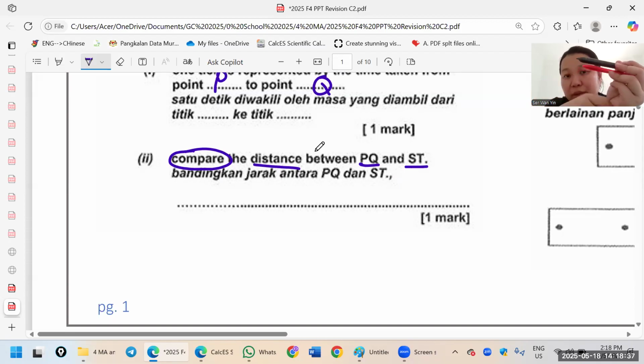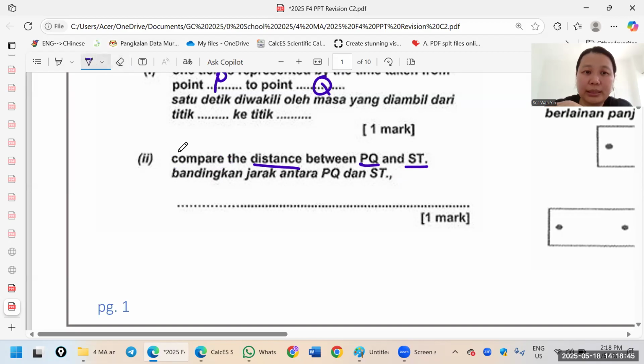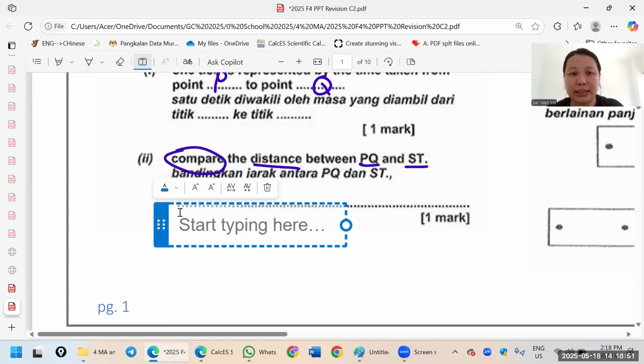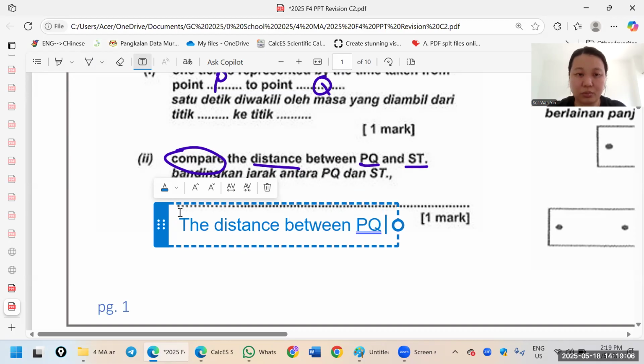But I feel we better start with the noun, because they always compare some noun. So I encourage you to copy back the distance between PQ.